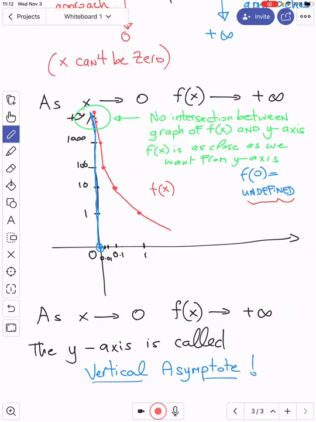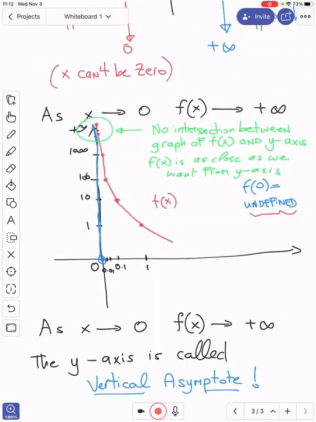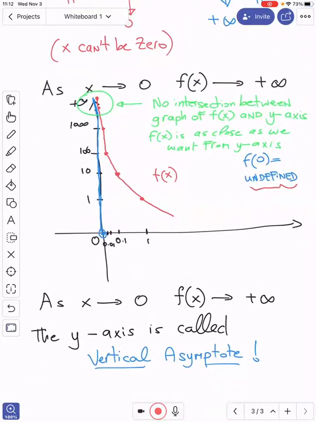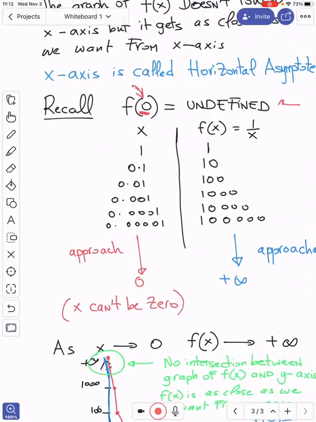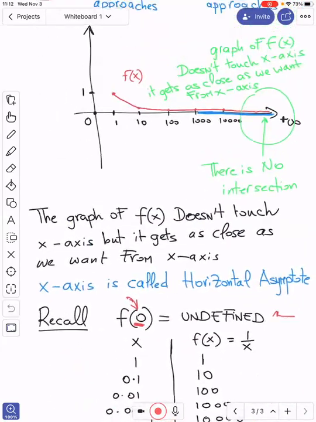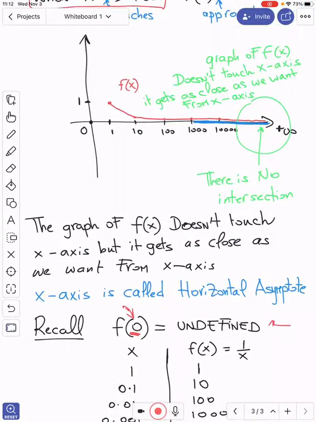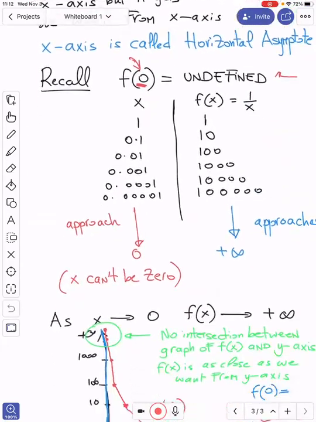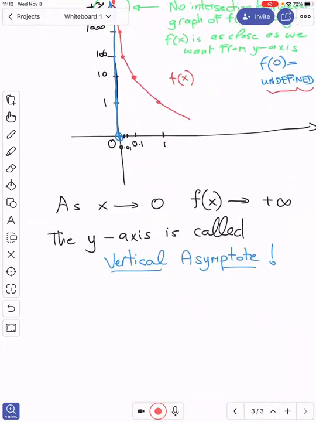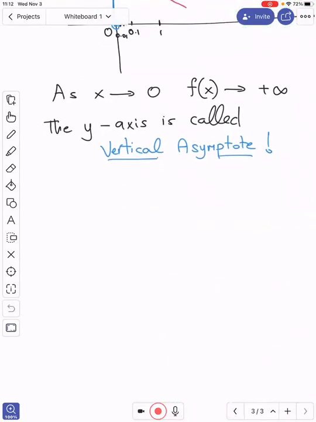As you can see, for this graph of 1 over x, we have two things. We have this x-axis, which is what I call the horizontal asymptote. My graph is going to get as close as I want to the x-axis, but never touch it. And the same thing with the y-axis, which is called the vertical asymptote.